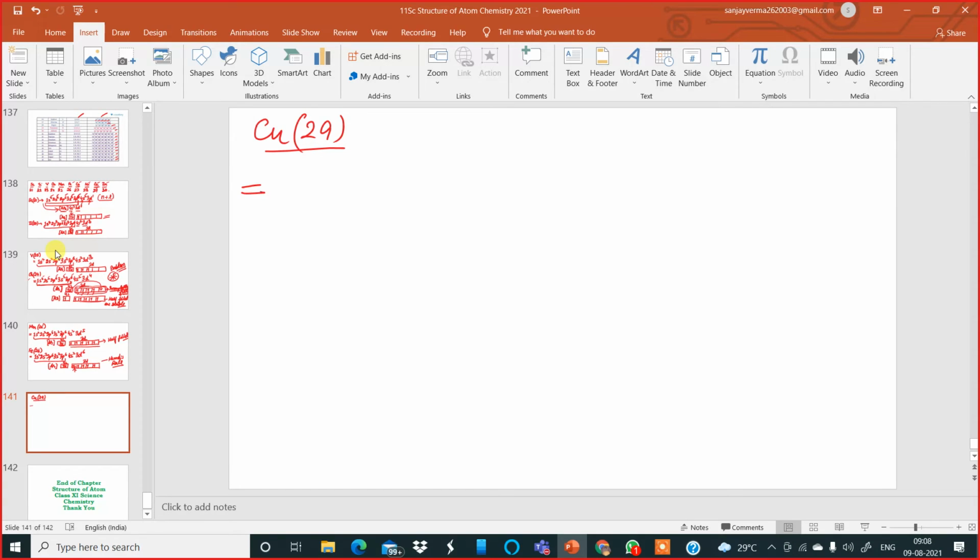The electronic configuration of copper is 1s2, 2s2, 2p6, 3s2, 3p6, then 4s2, then 3d9. See, there are 9 electrons over here, incompletely filled.